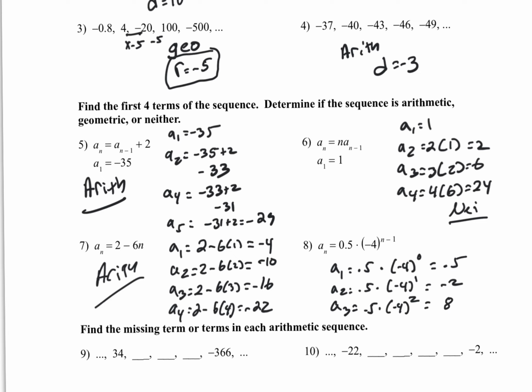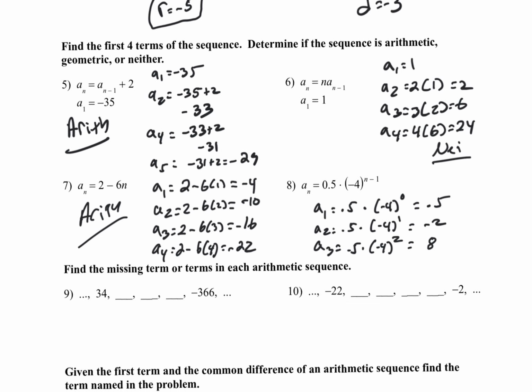And then I'm running out of room, of course, so the fourth term is going to be 0.5 times negative 4 cubed. 0.5 times negative 4 cubed is negative 32. It appears as if we are doing geometric. Common ratio of negative 4.